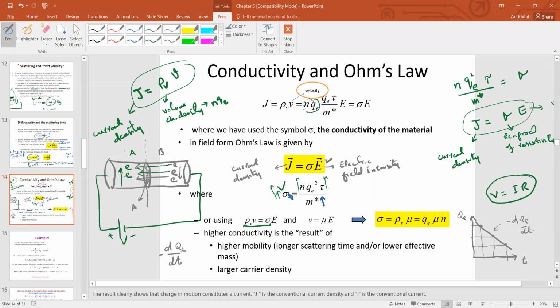On the other hand, on the right side of the conductor, electrons are increasing in quantity. So here dQe divided by dt is positive.